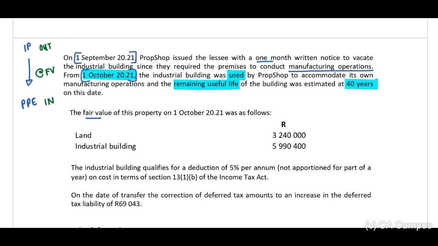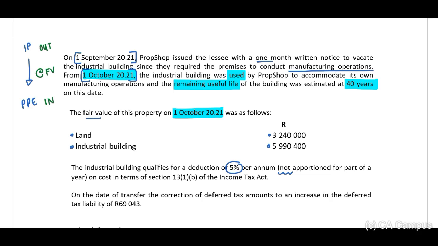Then the fair value of this property on 1 October 2021 was as follows. We have our land, 3,240,000, and our industrial building, 5,990,400. Now, the industrial building qualifies for a deduction of 5% per annum, not apportioned for part of the year, on cost in terms of section 13(1)(b) of the Income Tax Act.